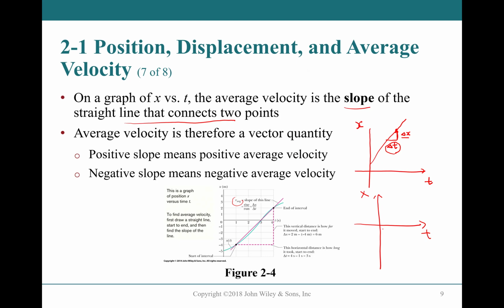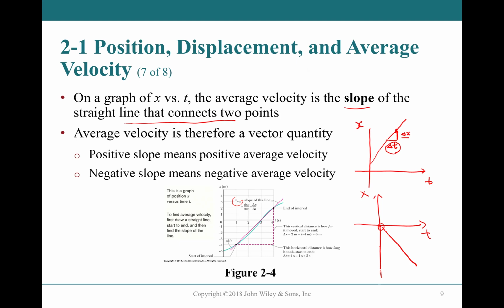We can also have something that looks like this. If our velocity is negative, you can see this object is moving along the negative x-axis. So t increases and it moves down further, and you are going to get a negative slope. So that means the object moves along the negative x direction.